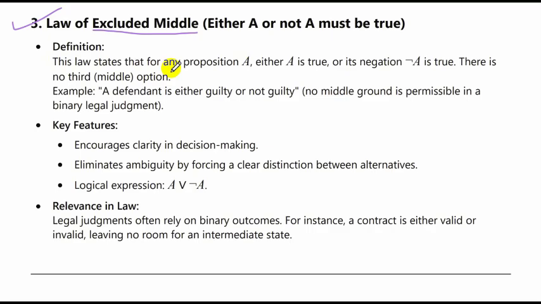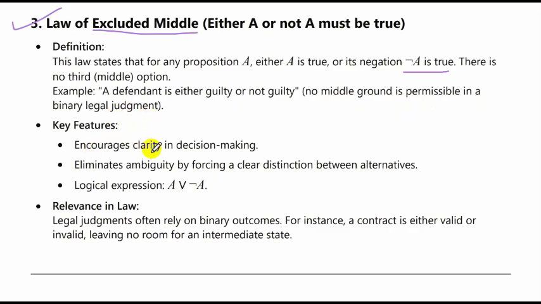This law states that for any proposition A, either A is true or its negation, not A, is true. There is no third or middle option. Example, a defendant is either guilty or not guilty. No middle ground is permissible in a binary legal judgment.